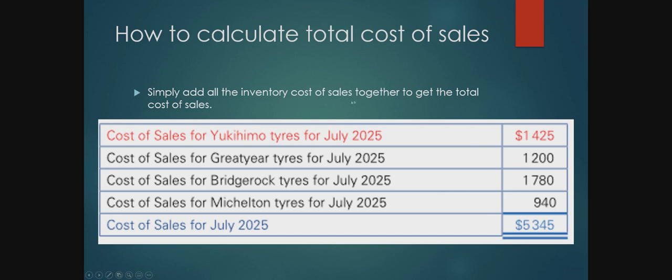Well, with each inventory card, you add up the cost of sales, and then together, every single one of those cost of sales, you add them up to figure out your total cost of sales. And here's an example for you. We got the Yokohama tires, the Goodyear tires, the Bridgestone, and the Mitchelton tires. Altogether, our cost of sales for the period was $5,345.